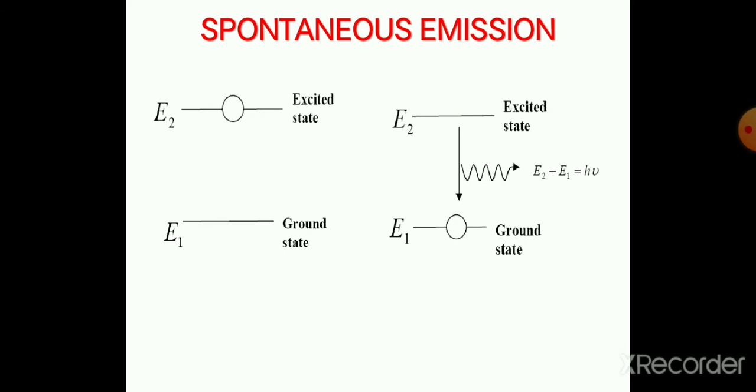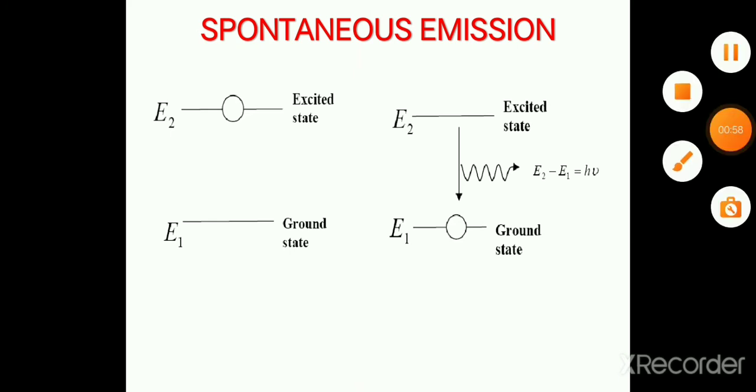The excited atom gets de-excited after its lifetime by emitting a photon of energy E2 minus E1 equal to h nu, and this process is called spontaneous emission. The spontaneous emission rate depends upon the number of atoms present in the excited state, and it is directly proportional to the number of atoms present in the excited state.